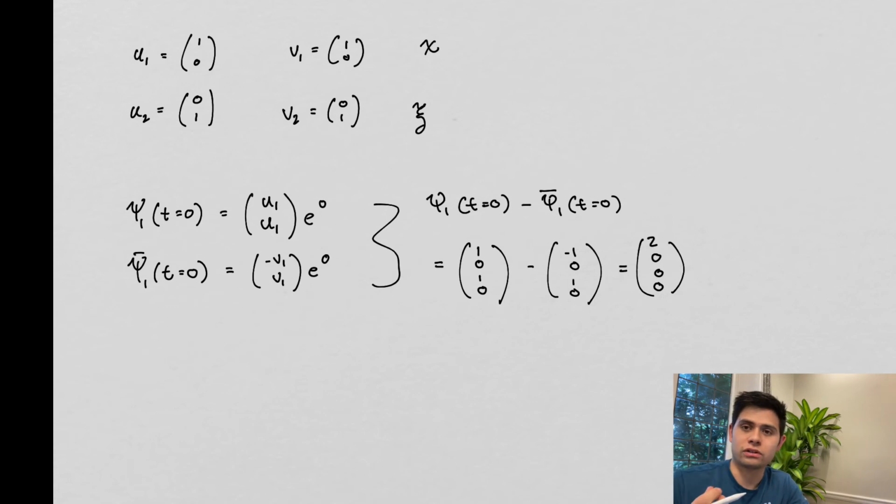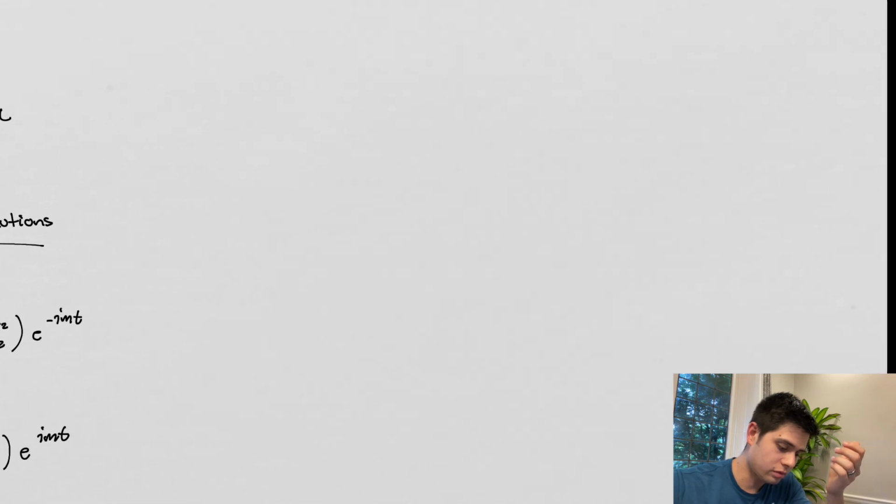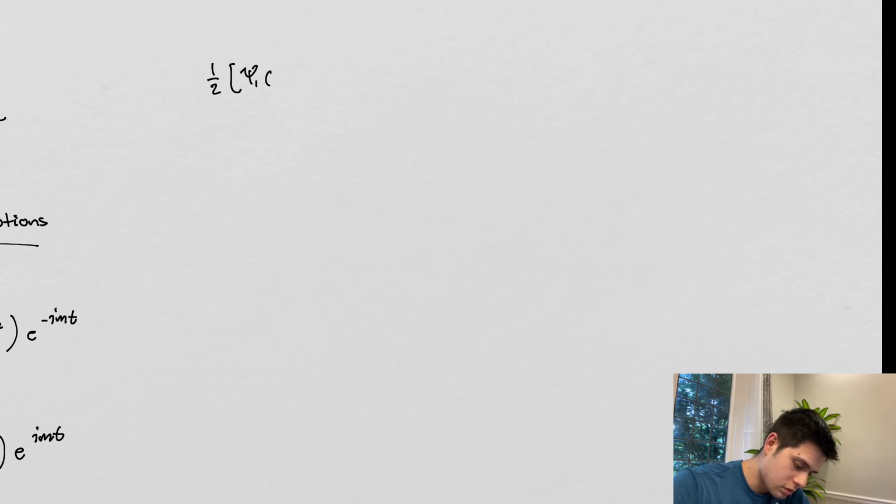We get a unit vector as the difference between the real and the complex solution. This is something that the book goes through, and so the mere fact that we got 2 seems to suggest, well, that's just going to be 1, 0, 0.